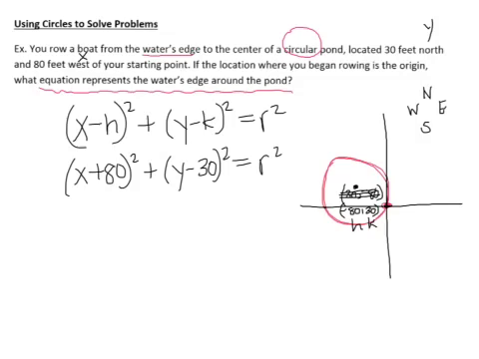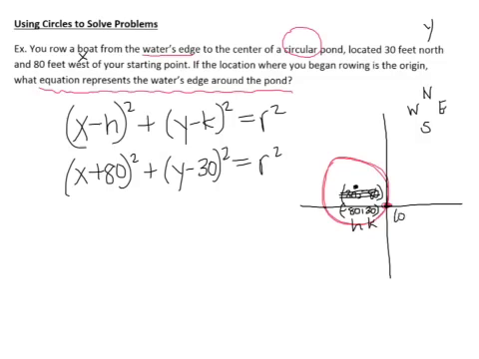In order to solve for our radius, we can plug in any point on our circle for x and y and solve for r. Well, since we know that we started at the water's edge, which was at the origin, then we can plug in the point 0, 0 for x and y.